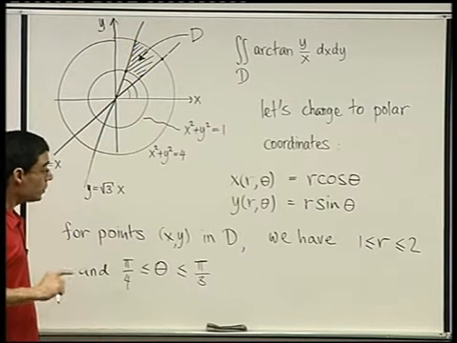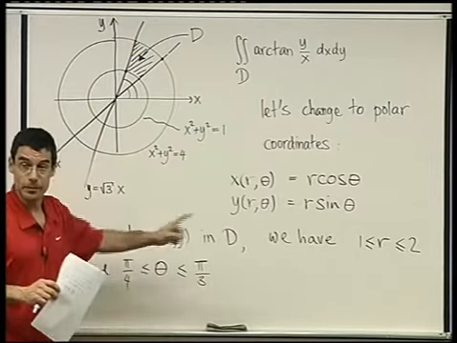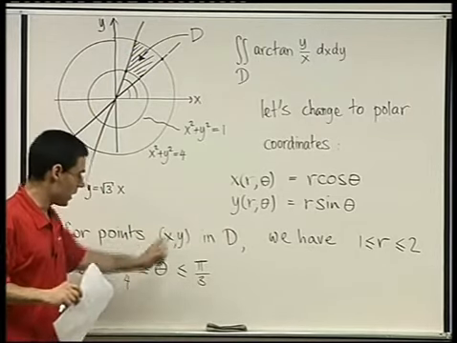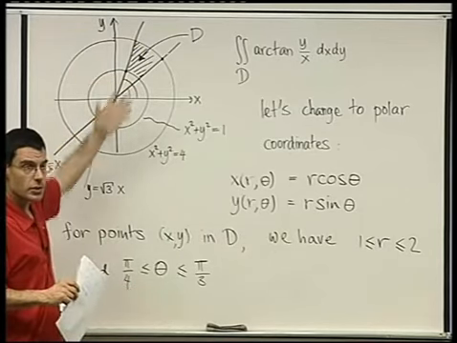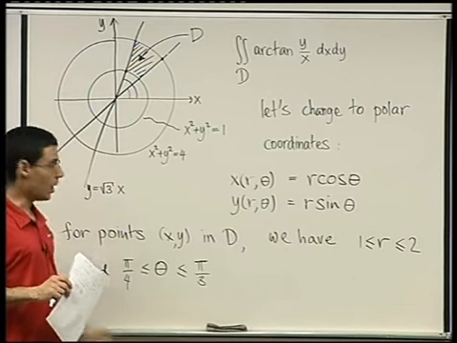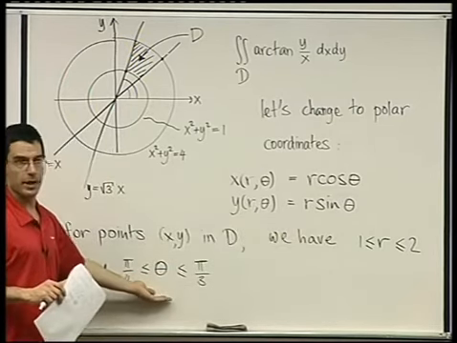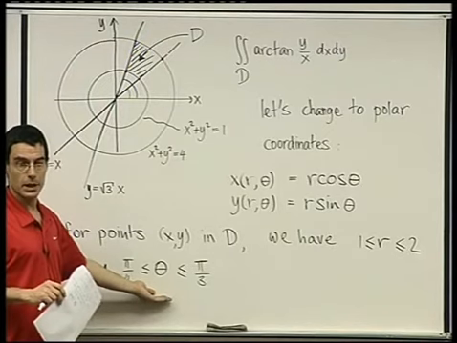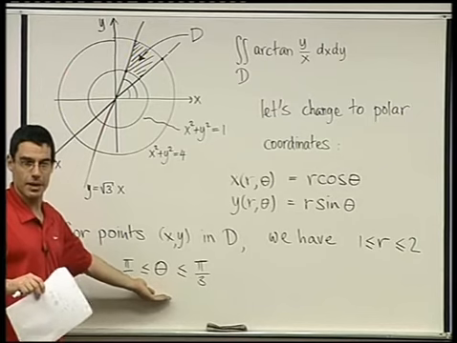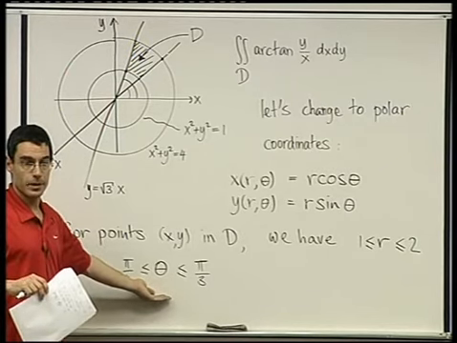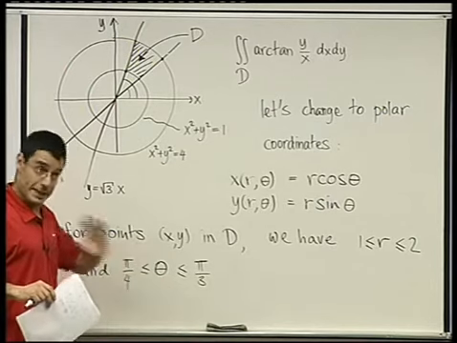Okay. Do you agree that in the r theta plane, when our coordinates are r and theta, this domain transfers to a rectangle? r is bounded between 1 and 2. Theta is bounded between pi over 4 and pi over 3. Nothing is more fun than doing a double integral over a rectangle. Okay, that's arguable, I agree, but that is fun.